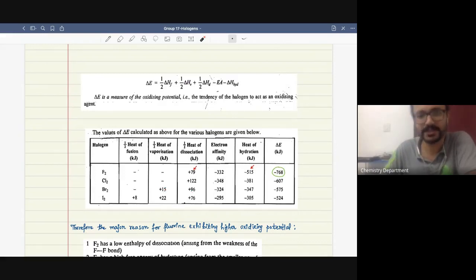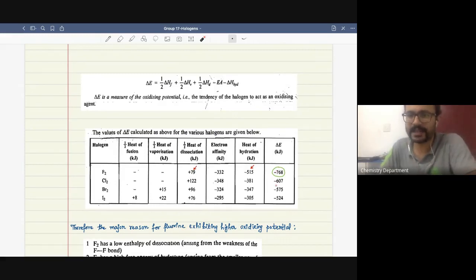Then we have dissociation would be there. Then we have electron affinity and then hydration. And chlorine and fluorine, they are basically gaseous, so we will not have these terms. We will only have the dissociation terms. So dissociation terms are there here. So we will ultimately add all these values to get the value for the delta E.